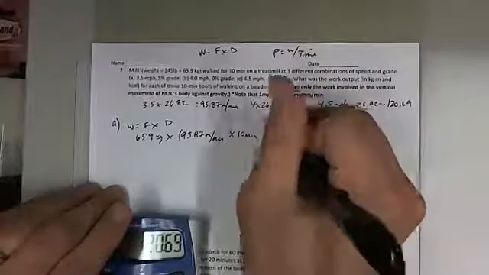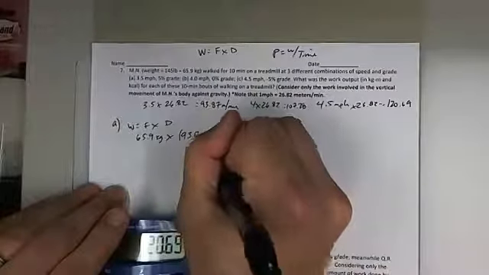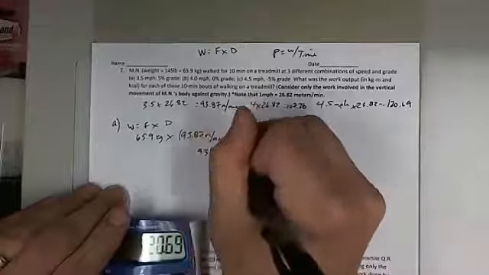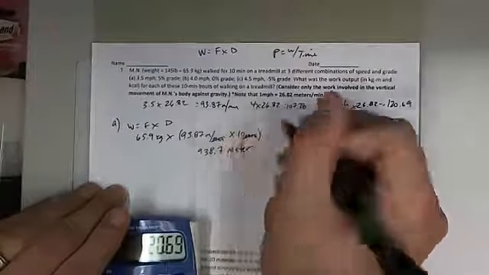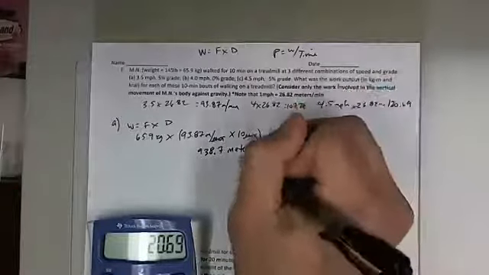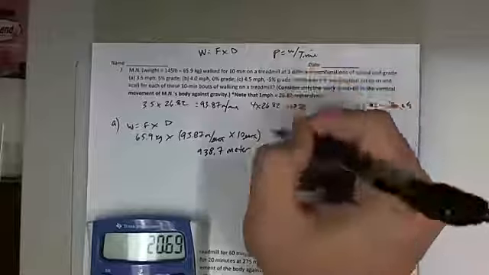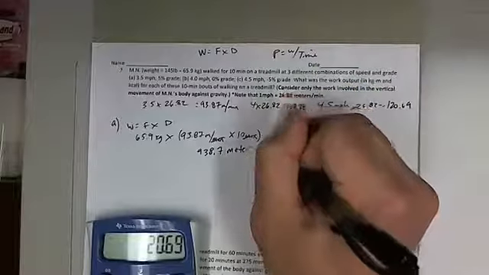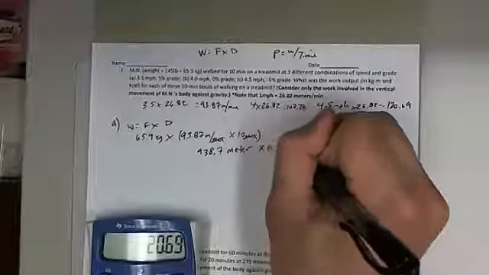Which gives us 938.7. In this case, they covered meters. But this is in the horizontal component. To get this into how far they traveled, remember we need to multiply it by the percent grade in a percentage. So 5% grade would equal to 0.05.